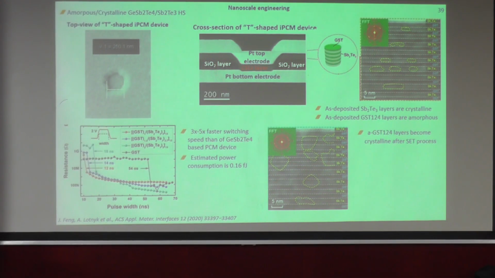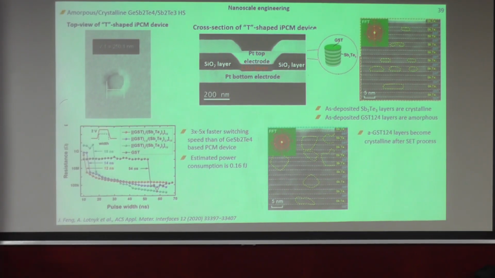As I already mentioned, antimony telluride, if you deposit it at room temperature, is already nanocrystalline, so it has very low thermal stability, and it's difficult to stabilize the amorphous phase. And GST-124 is a typical phase change material with a higher crystallization temperature, and it can be produced amorphous at room temperature.